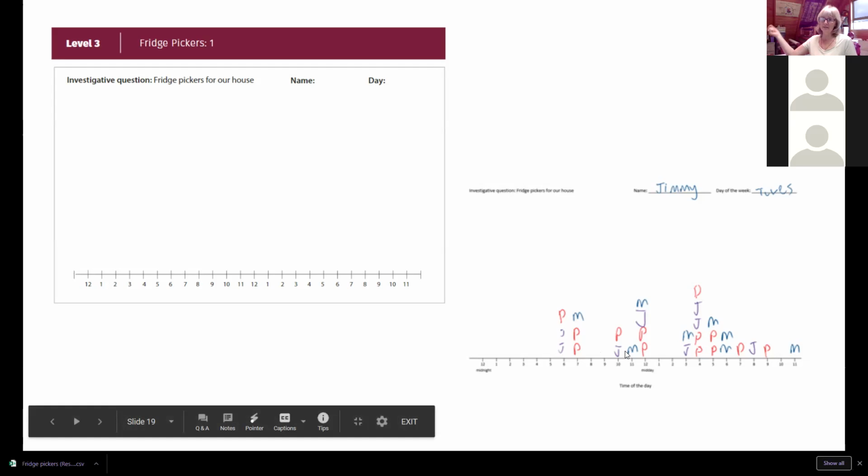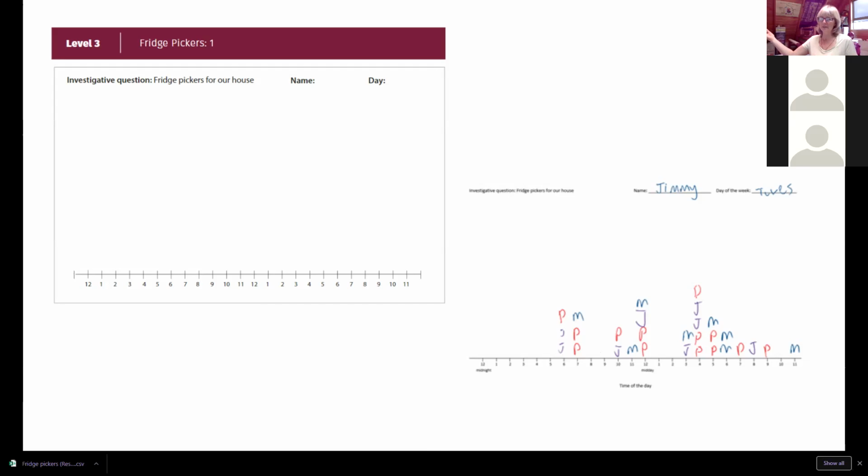Then I can look at not just how many people went in or which was the most popular time, but actually who went in and things like that. We can also look at the number of times. I could say, now I can tell you how many times my fridge was opened in a day, and all those sorts of things can come off that data. So that's the wrap-up activity from the fridge pickers.